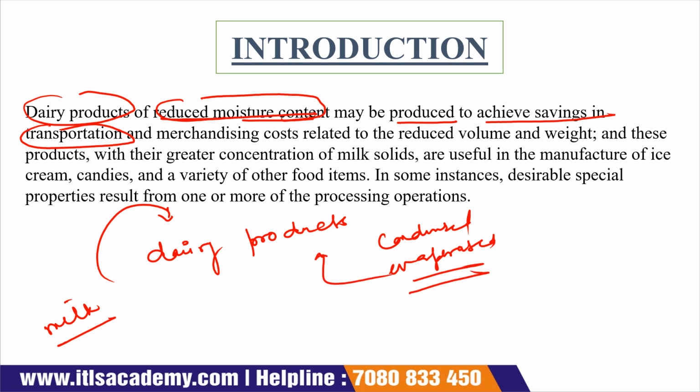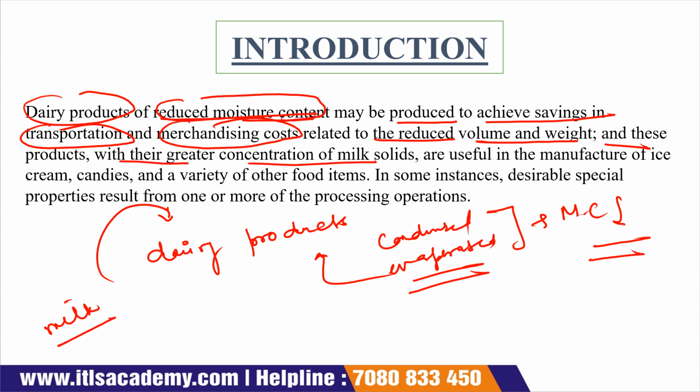In that type of milk, we decrease the moisture content, and when the moisture content decreases, it will save on transportation and merchandising costs, related to the reduced volume and weight. These products, with their greater concentration of milk solids, are also useful in the manufacturing of ice cream, candies, and a variety of other food items.